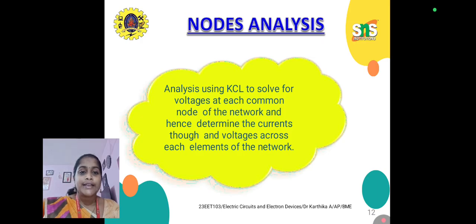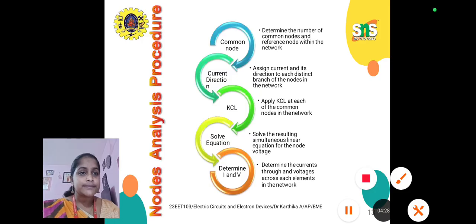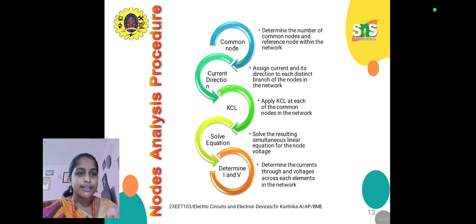Next is nodal analysis. Analysis using KCL to solve for voltages at each common node of the network, and hence determine the currents through and voltages across each element of the network. The node analysis procedure: first is common node. Determine the number of common nodes and a reference node within that network.